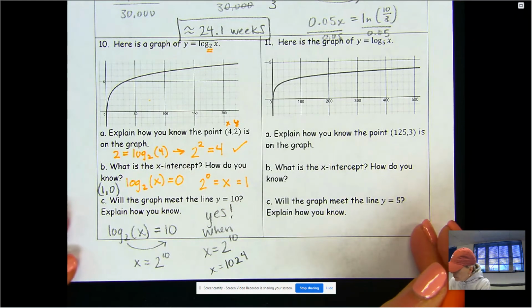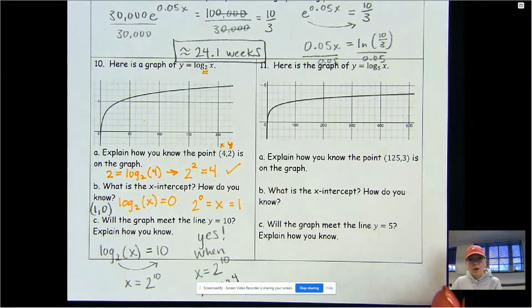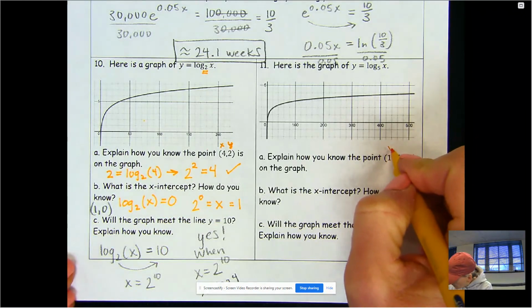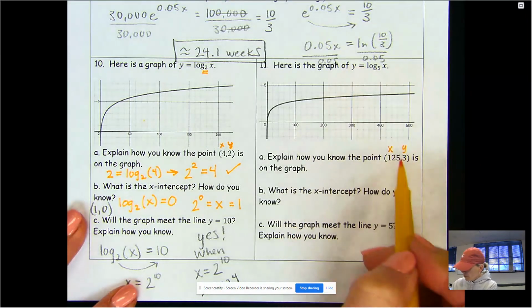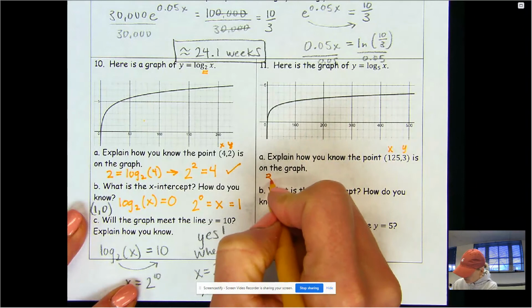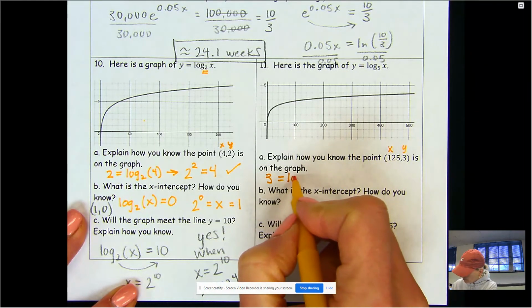All right. The last question is a very similar type of question. Here's the graph of y equals log base 5 of x, so this time the base is 5. Explain how you know the point (125, 3) is on the graph. Again, we plug this in for x and this in for y and verify that it's a true statement. So does 3 equal log base 5 of 125?